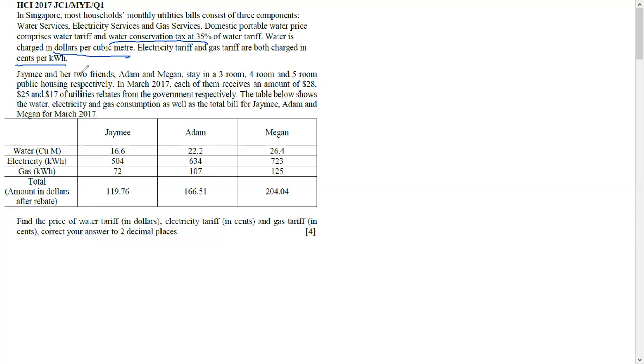In this table, we can see the amount of water that Jamie used, Adam used, and Megan used, the amount of electricity that Jamie used, Adam used, and Megan used, and the amount of gas that Jamie used, Adam used, and Megan used. The total amount that was paid after the rebate is also given in this table.